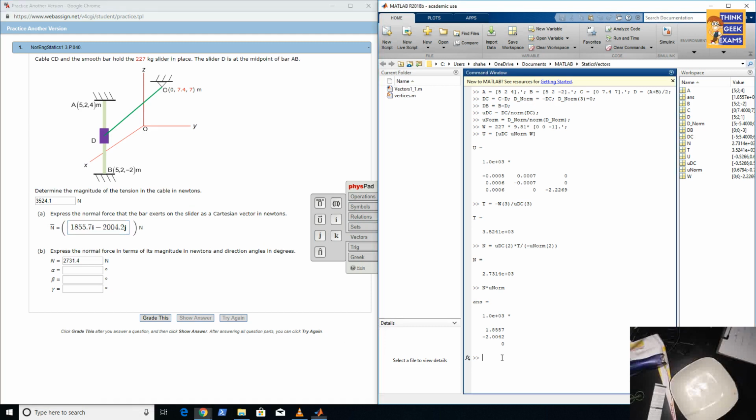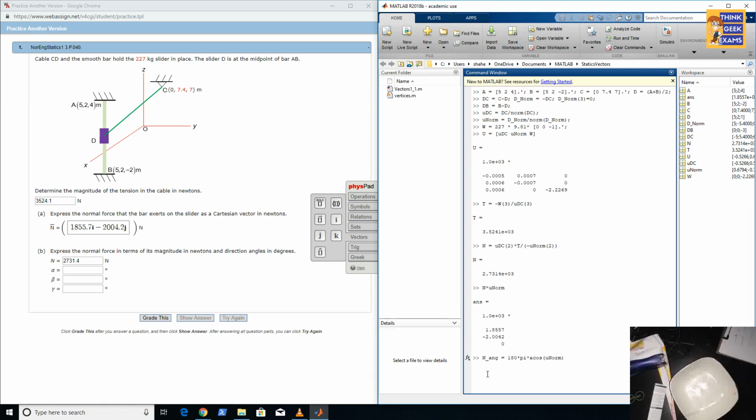And we need to find the angle. So the n angle equals to, let's convert the angle to degrees, and then we basically get a cosine of u norm.